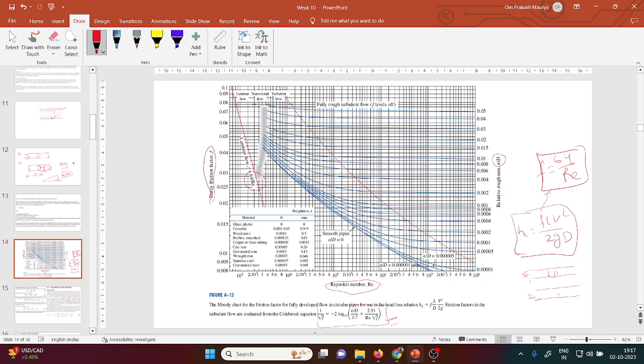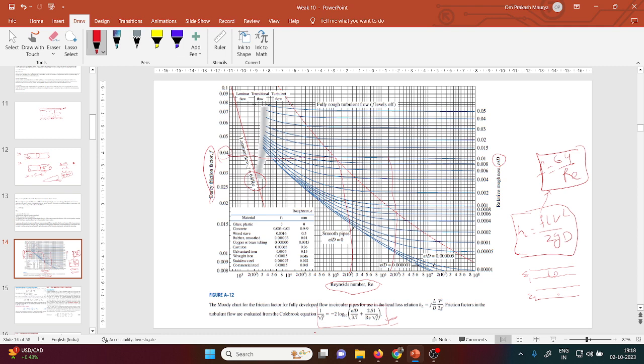It means, let's say for this your friction factor is coming 0.04 with Reynolds number 10 to the power 5. If you come to the point where Reynolds number is 10 to the power 6, still your friction factor is 0.04. It means that after a certain point, that is your fully rough turbulent flow.